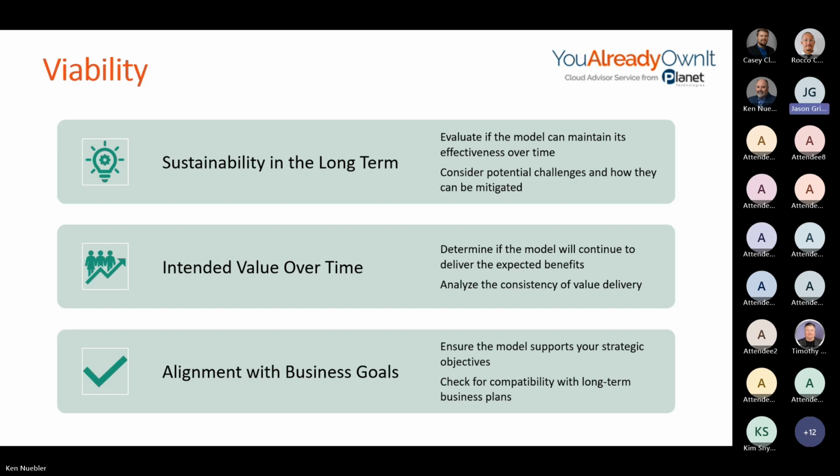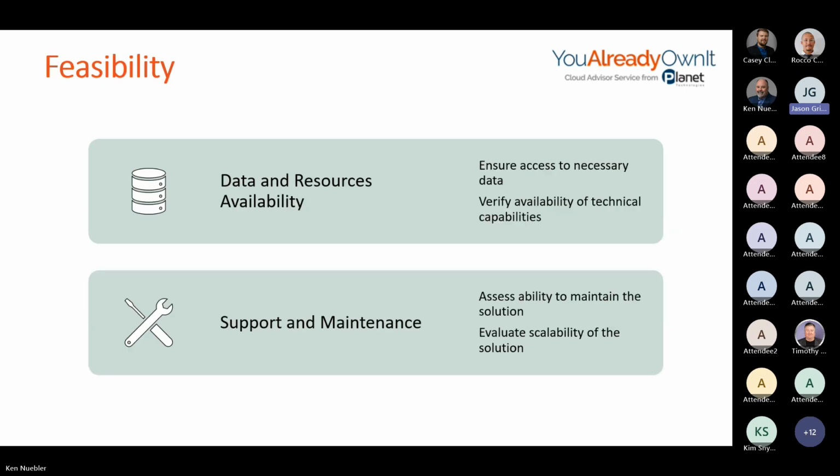And then again, is it feasible? We have seen many organizations have grandiose ideas of what AI has the opportunity to solve for. But again, you may not have the data or the resources available to fit that use case. So for instance, what if you wanted to build a predictive AI engine that was able to provide the perfect price for a customer based on various different scenarios?